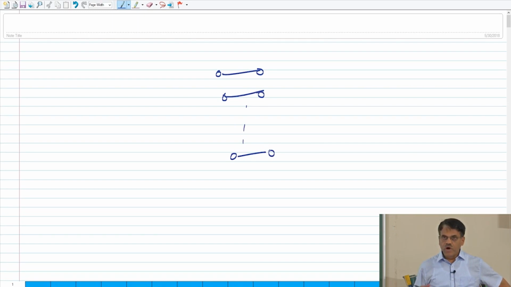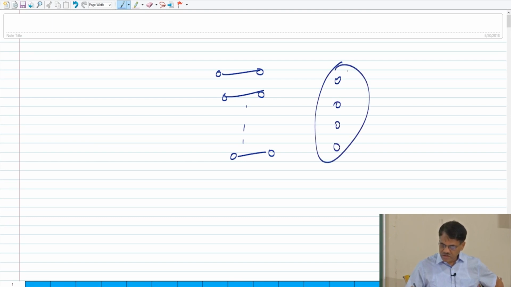So, in your graph, I find the maximal matching. How is the rest of the graph? Well, there may be a lot of vertices here. There cannot be any edge here because it is a maximal matching, but the edges will be like this.